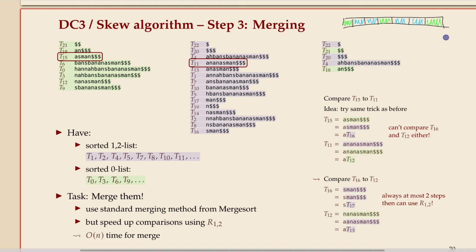And in a sense, we have to go through 9 different cases. The first run can start at 0, 1, or 2 modulo 3, and the second run can start at 0, 1, or 2 modulo 3. But many of these cases are boring. If they both start at 0, that actually never happens because we're merging 2 lists where this never occurs. So it can only happen that we have 1 green, 1 blue.